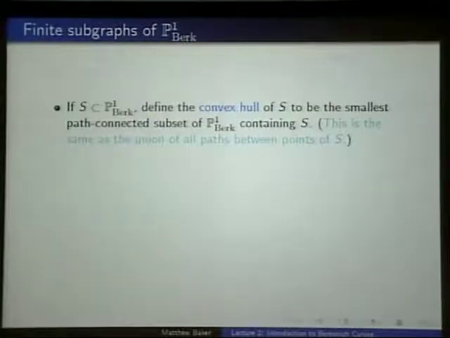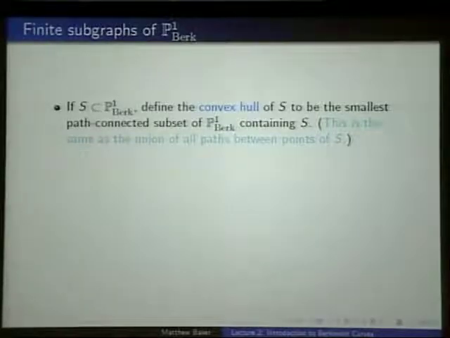And I want to talk about the notion of a finite subgraph of the Berkovich projective line. Intuitively, you take finitely many points corresponding to disks, and you draw their convex hull. You take all paths between them, and this is some finite tree in Berkovich space, which has finite length under the path metric.